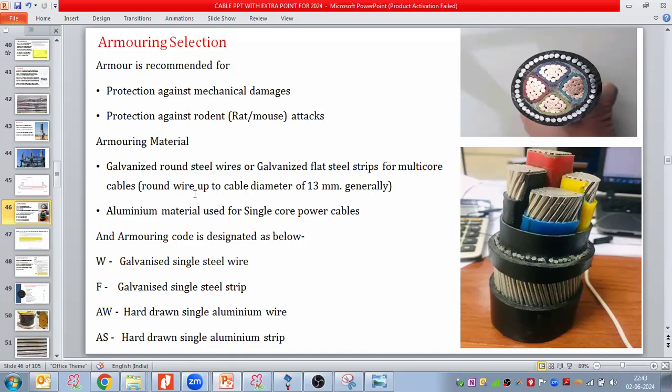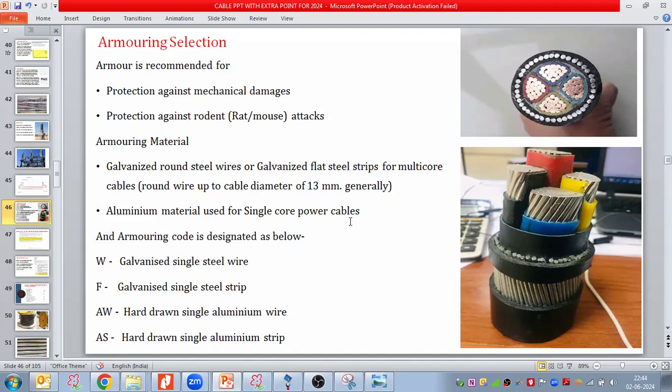If this diameter increases above 13 millimeter, then generally we go with galvanized flat steel strips to make the armoring. Aluminum material is used for single core power cables. We'll go with the aluminum material.